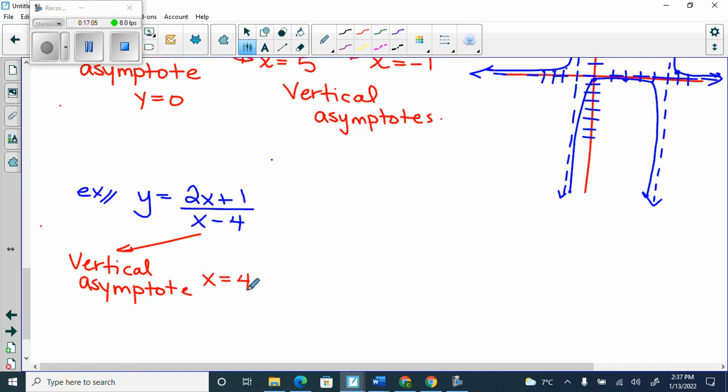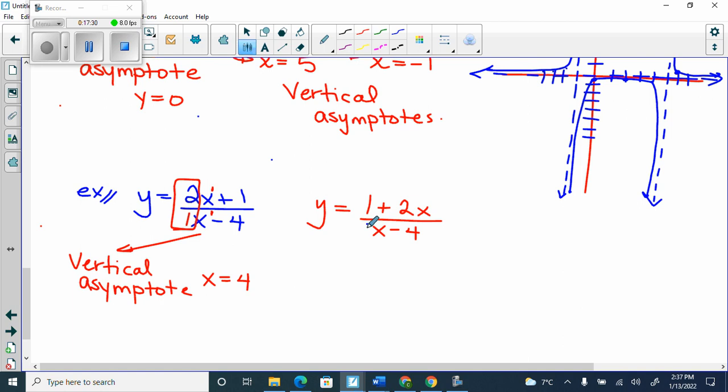So it's just the leading coefficients of the largest degree that will get you your horizontal asymptote. If this is x to the 1 and this is x to the 1, it's going to be 2 over 1. Sometimes they'll write it in a weird way so you fall for it, like 1 plus 2x over x minus 4, and then people will tell me it's 1, but it's not. It's still the leading coefficients, what's in front of the x's.